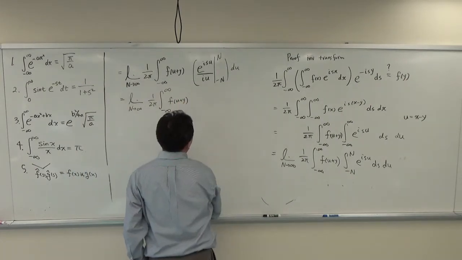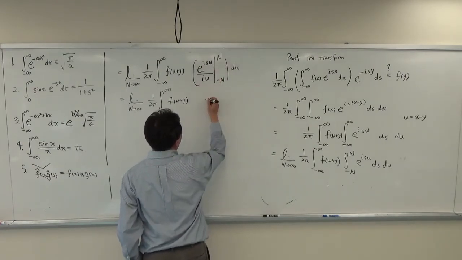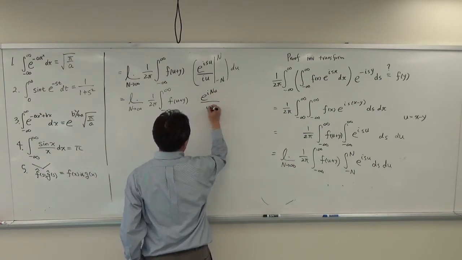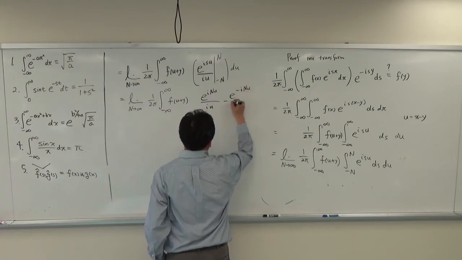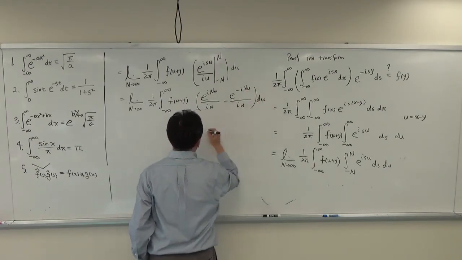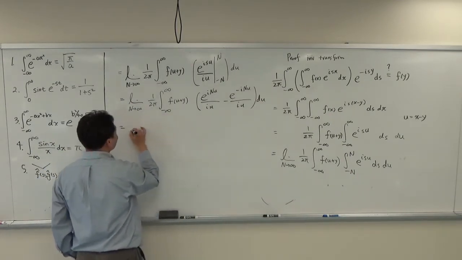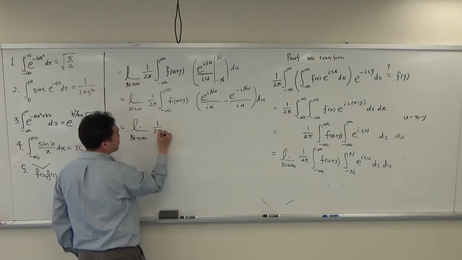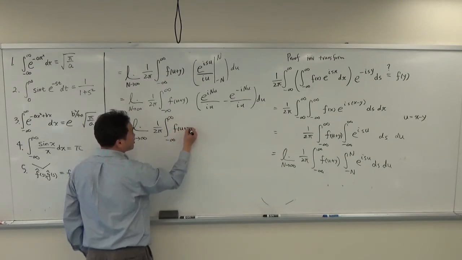Sorry, I integrated by s, so n and negative n goes in here, right? So it's e to the i nu over iu minus e to the negative i nu over iu du. And yeah, so sorry about the long calculation, but there will be a punchline, so just be patient.